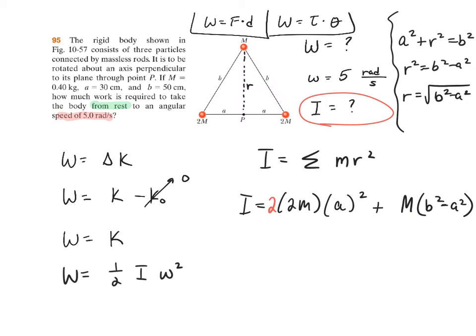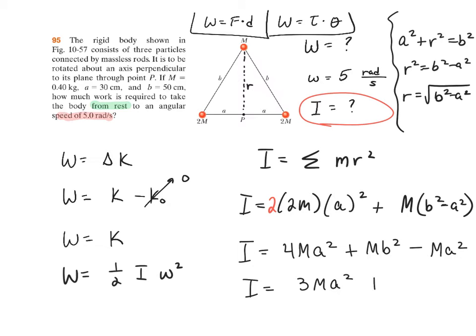Alright, so if we simplify this, we'll get I equals 4ma squared plus mb squared minus ma squared, which will end up becoming 3ma squared plus mb squared. So I'm just distributing this m to both of these guys here, right? And then collecting like terms afterward.